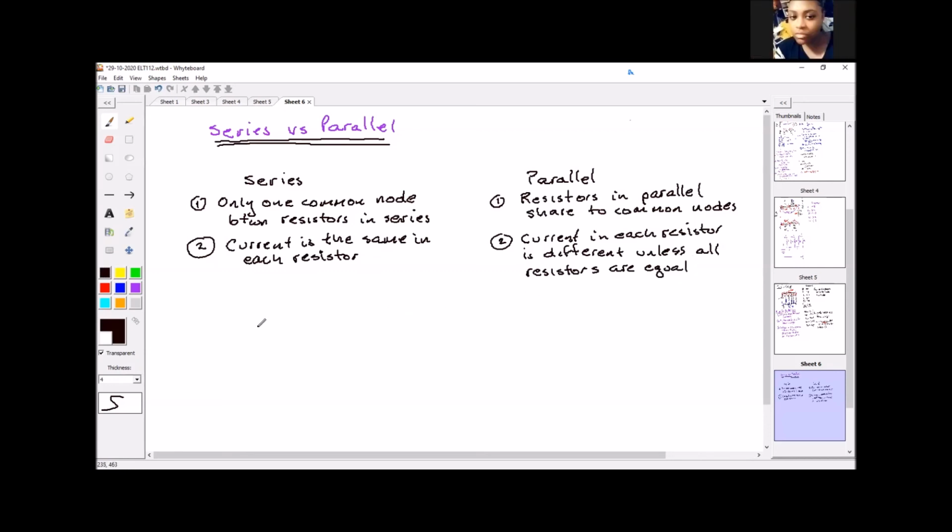Professor, why would there be a parallel circuit wherein all resistors are equal? What would be the point then? Why wouldn't they just have one? Sometimes you can't get the value you need, so you put a couple of resistors in parallel to get a specific value. Sometimes, and this is probably the most common case, you're trying to make up something called a dummy load, which is like a resistive load.